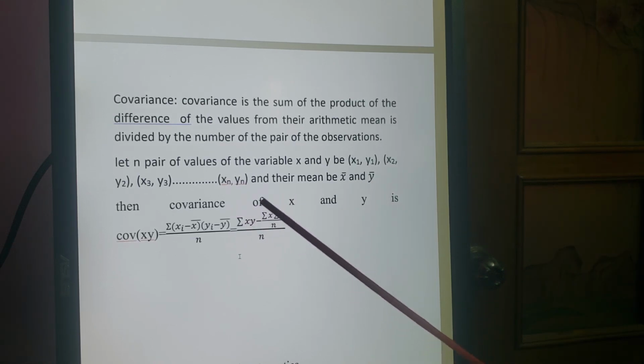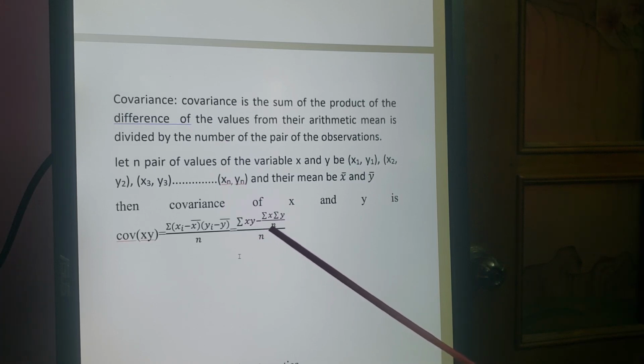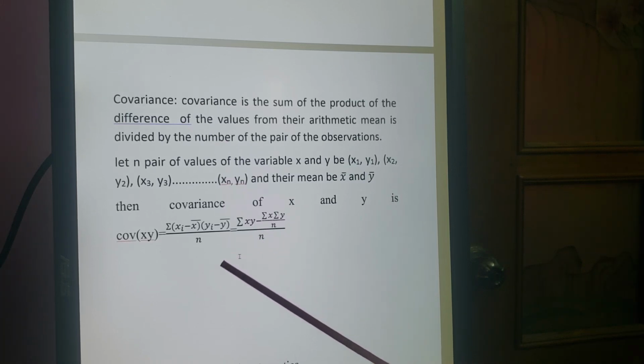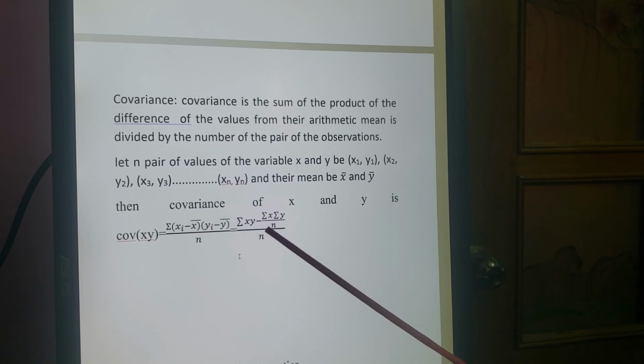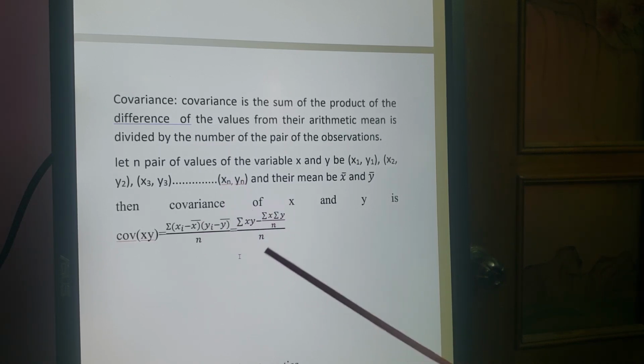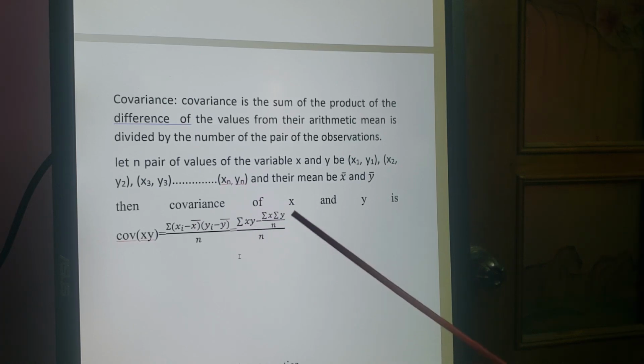Xy will be given and n is how many pairs there are. So covariance xy equal to this or this. For solving maths, this is very easy. You can solve this way also, or you can solve both ways. We have to know both, but this one is the easiest way.